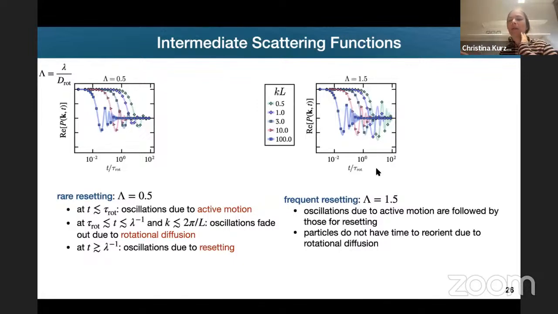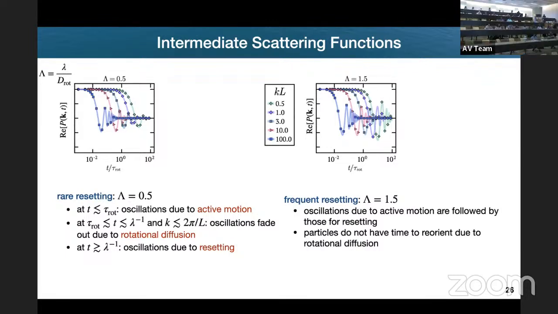That is simply because particles cannot reorient due to rotational diffusion. This might be a bit too detailed for those of you who are not familiar with this, but again, the message is you can detect different dynamics from these ISFs at different levels.